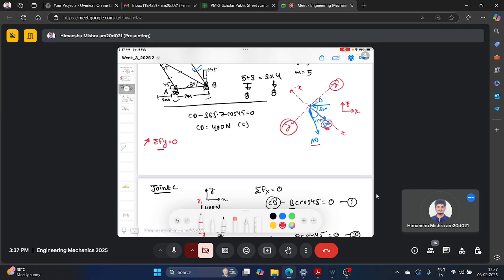So this will be now... you can see AD is in the negative y direction. It is going downward. So this will be minus FAD.